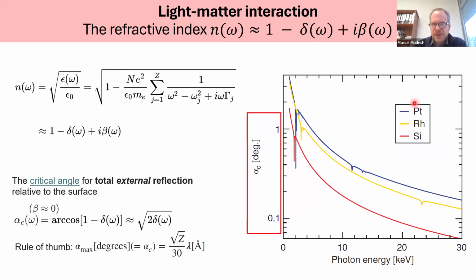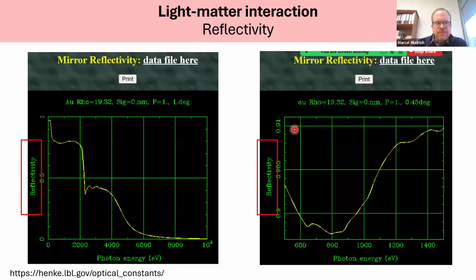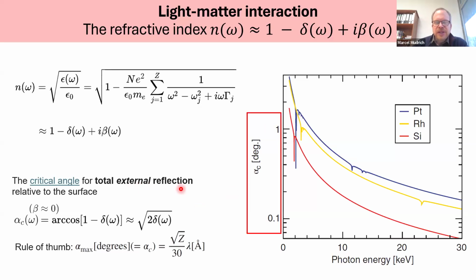Regardless of which material we consider, platinum, rhodium, silicon, or so, and in the full range of X-ray photons, the critical angle is typically below 1 degree. And that means that if we want to exploit total external reflection for achieving high degrees of reflectivity, we need to mount our mirror surfaces at this very small angle.